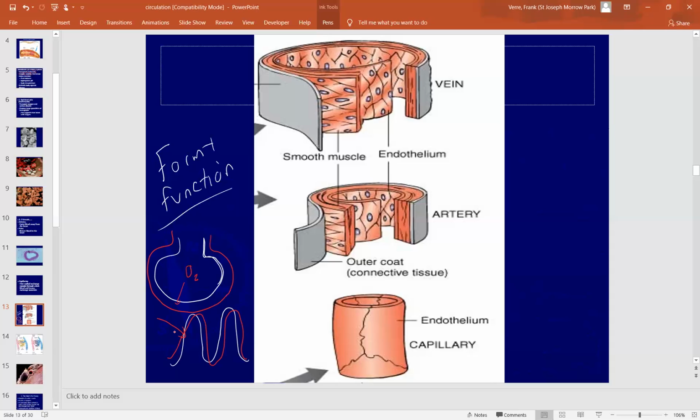And the reason why we want to use capillaries is because they have the thinnest walls. And you remember, diffusion is slow, right? So when the walls are very thin, things can diffuse through them or out of them, right? So we can't have diffusion through arteries and veins because those blood vessels are just too thick.